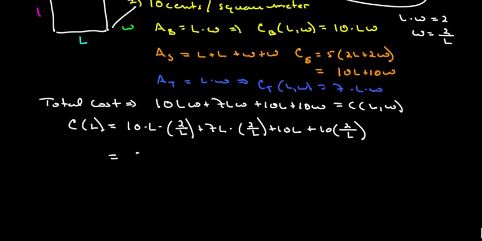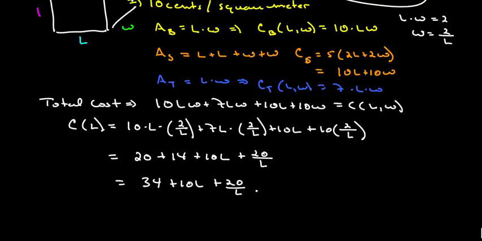So this is going to be 20 right here, 14 right here, plus 10L plus 20 over L. So that'll be 34 plus 10L plus 20 over L.